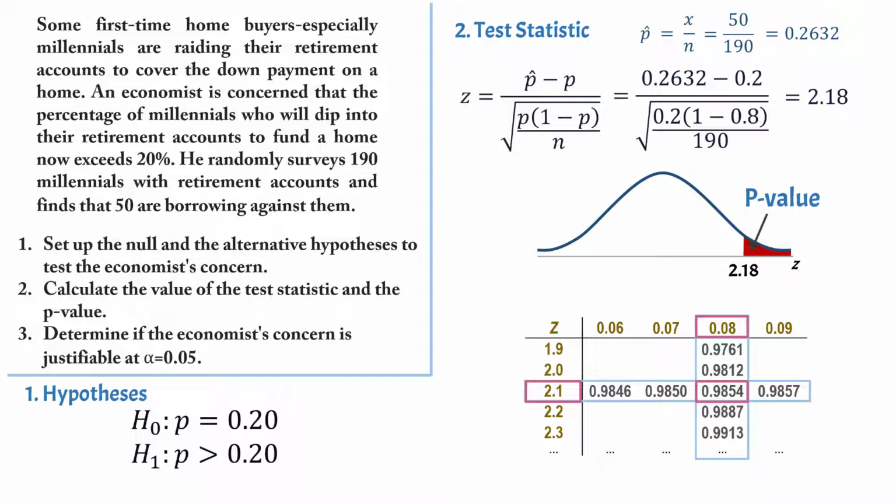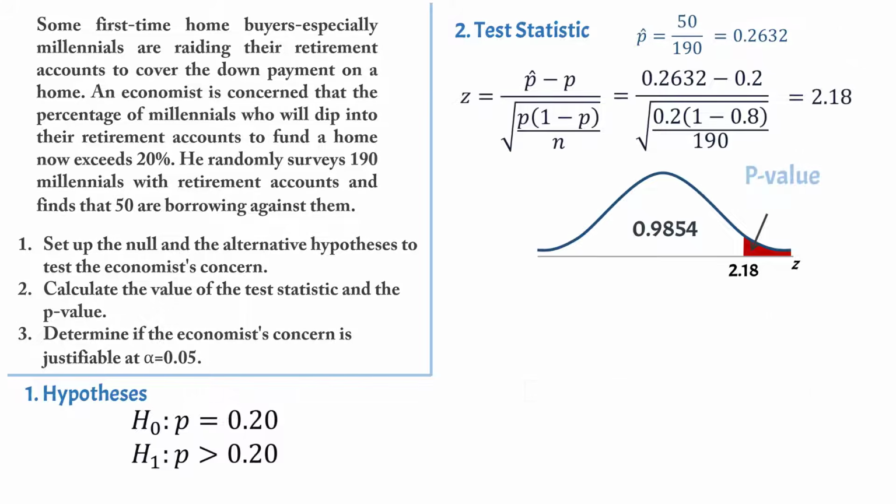That is, the area below 2.18 under the curve is 0.9854. To obtain the p-value, we subtract this less than area from 1 to obtain 0.0416.